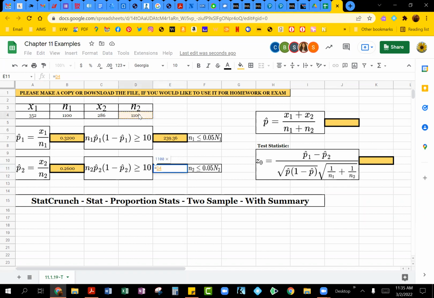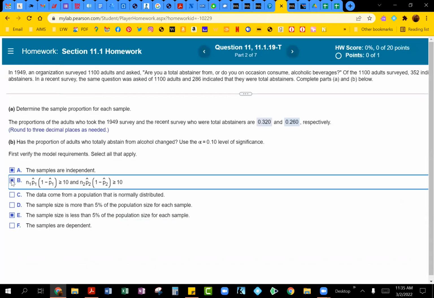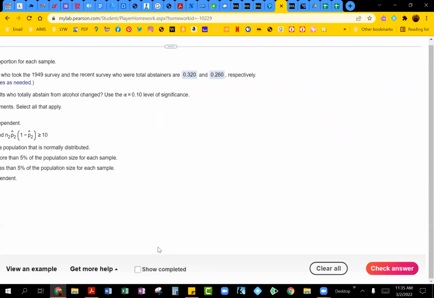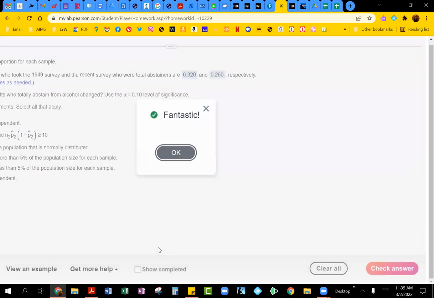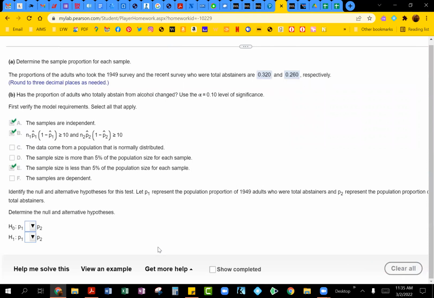So that's going to be N2 multiplied with P hat 2 multiplied with parentheses 1 minus P hat 2, and then close that. And so we're well over 10. So again, that third requirement is also being met. So just make sure you're checking for all 3 of those requirements. And then we'll say check answer over here. That looks good. And now we're ready to get into our hypotheses.